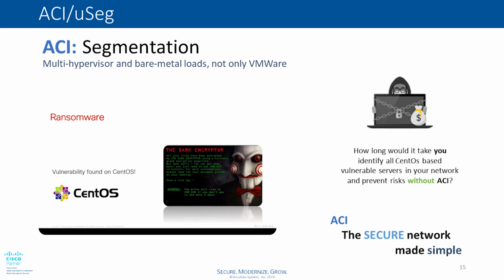How long will it take for you to identify all the CentOS-based vulnerable servers in your network and prevent risk without ACI? With ACI, you can do segmentation and microsegmentation to automatically segment those virtual machines and protect the rest of your network.